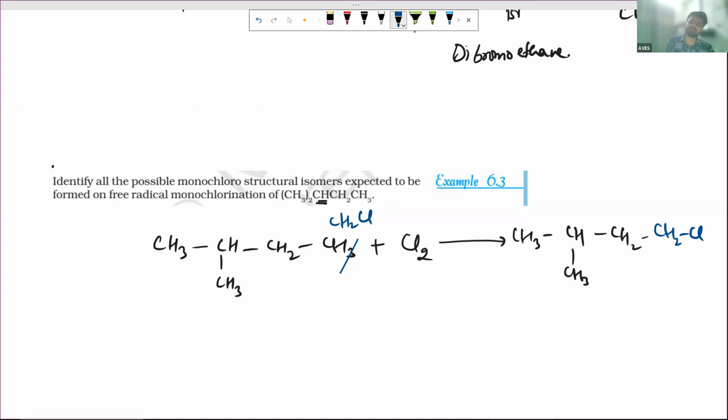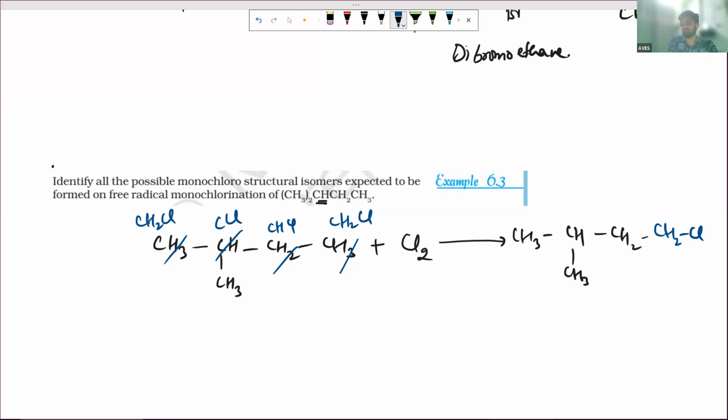In the second case, this hydrogen will be removed and it will form CHCl. In the third case, this hydrogen will be removed and it will form CCl. And in this one, this hydrogen may be removed. So this type of compound, 1, 2, 3, and 4, CH2Cl, can be formed.